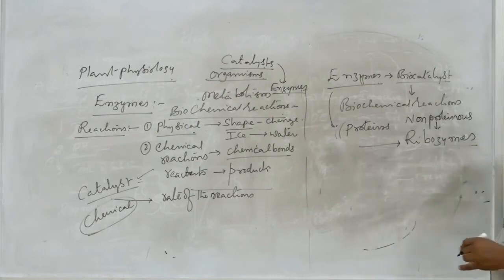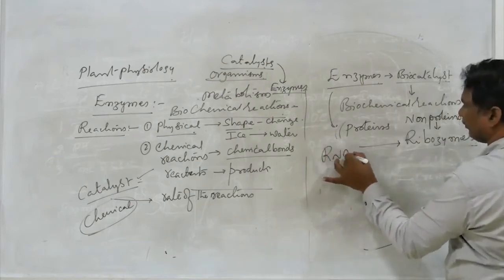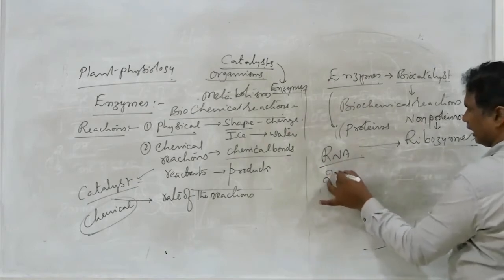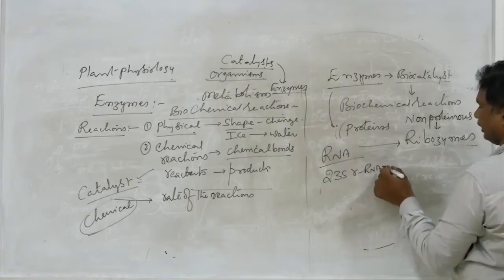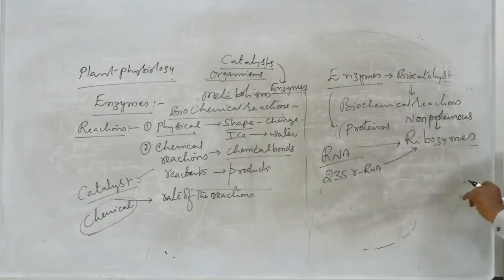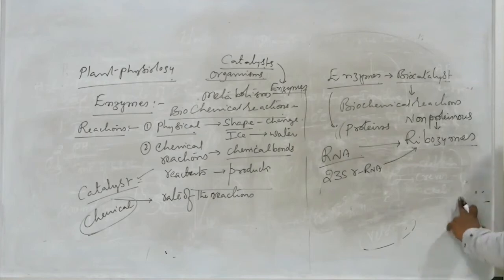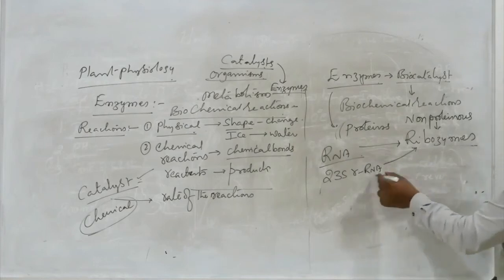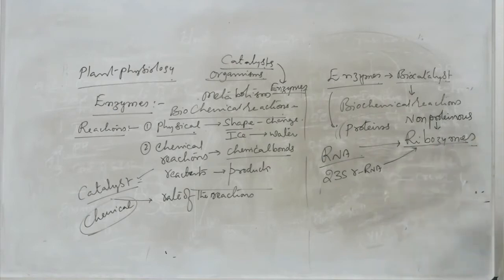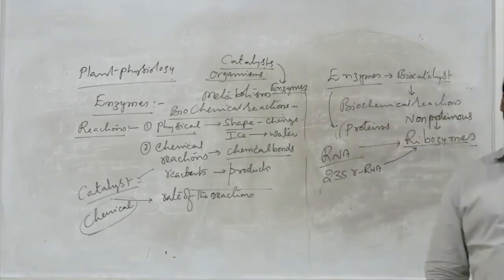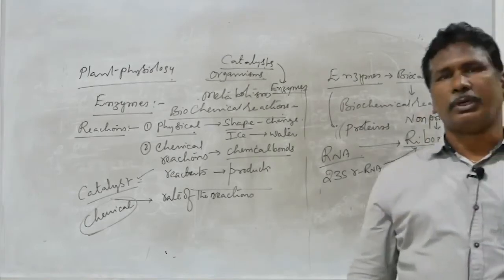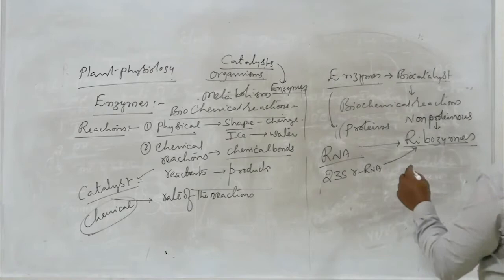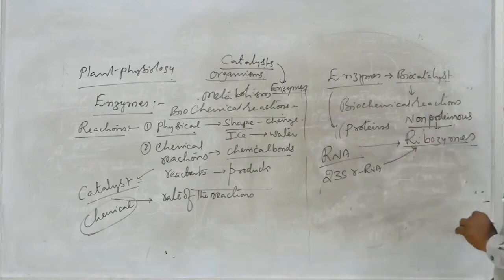Ribozymes are obtained from nucleic acids like RNA. One type of RNA, the 23S rRNA, acts as a ribozyme. That is the non-proteinous enzyme. This enzyme mainly helps in the formation of peptide bonds during protein synthesis.